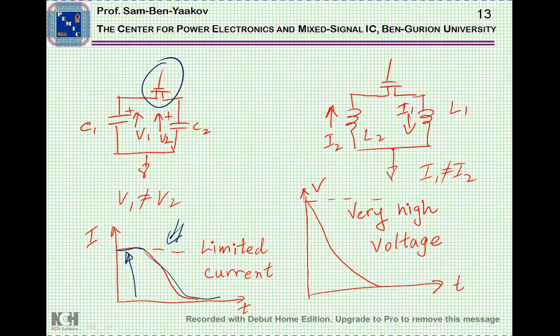On the other hand, if you have the two inductors connected through a semiconductor device, it's going to be a very high voltage. Now, the voltage is going to be extremely high because the difference between the two currents somehow goes through a parasitic resistance, which is the insulation, which is very high resistance, or a spark, which is even worse, meaning that the voltage is extremely high.